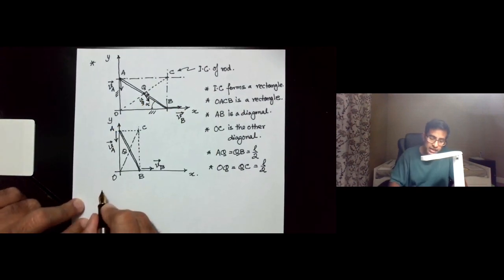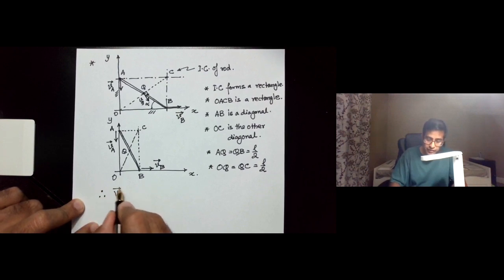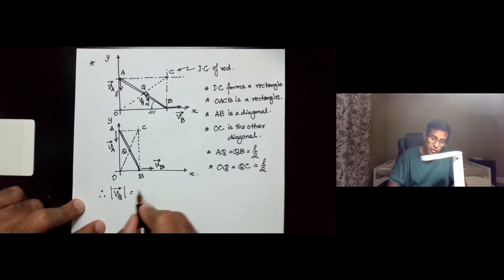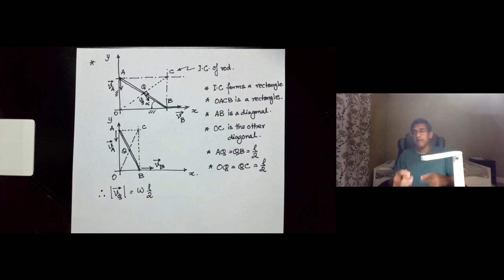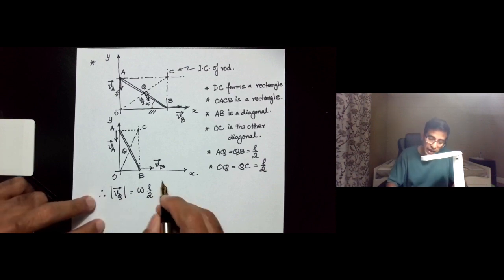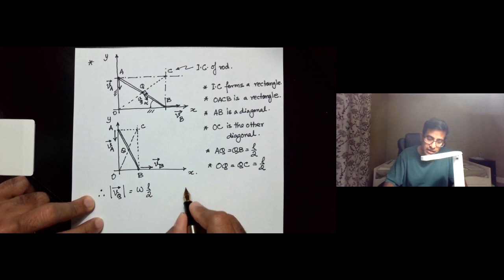And so you can say that the magnitude of the velocity of Q is equal to omega times L over 2, where omega is the angular velocity with which it is turning.